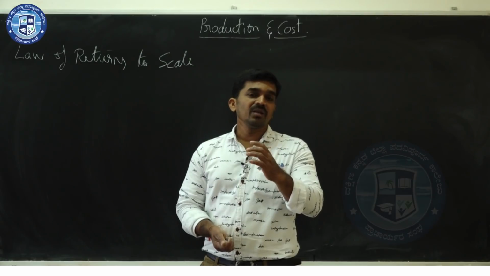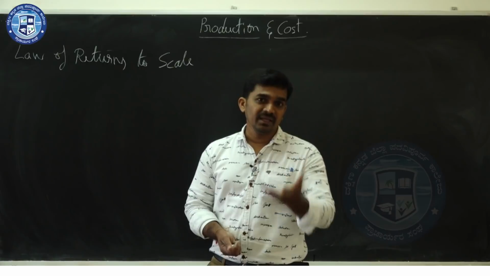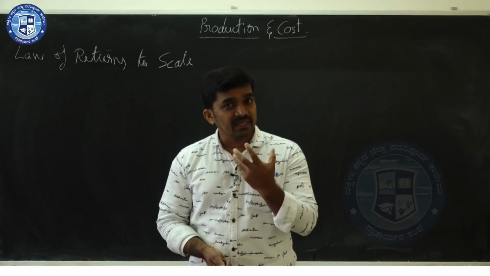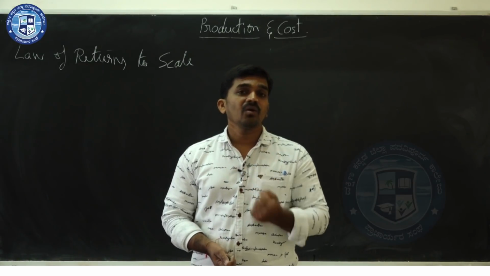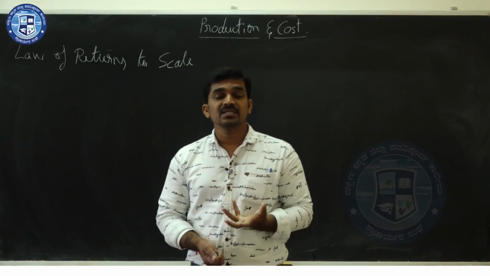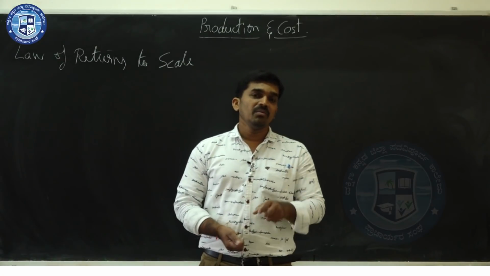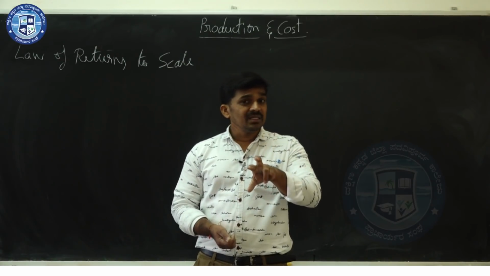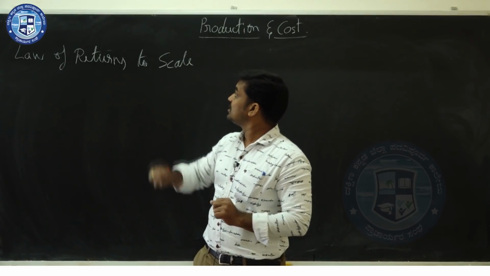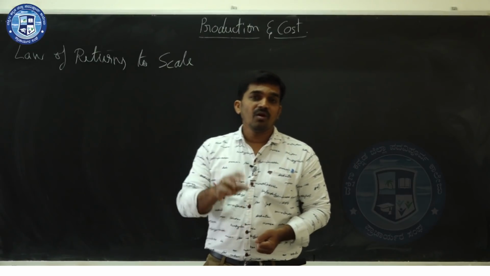Initially, total product increases at an increasing rate. Then total product increases at a constant rate. Then total product increases at a diminishing rate. Remember, these three stages are the three stages of the law of returns to scale.